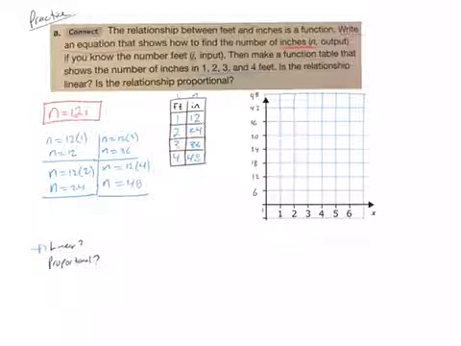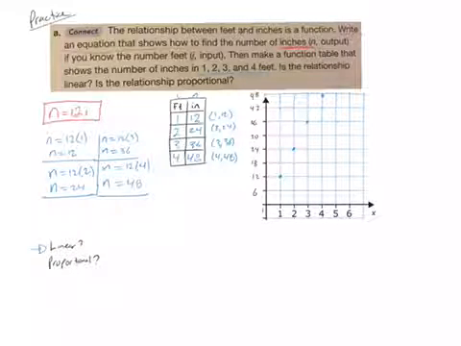So we can think of these inputs and outputs as being points. 1, 12, 2, 24, 3, 36, 4, 48. So let's graph those. Here's 1, 12, there's that point. 2, 24, is that point. 3, 36, and 4, 48.